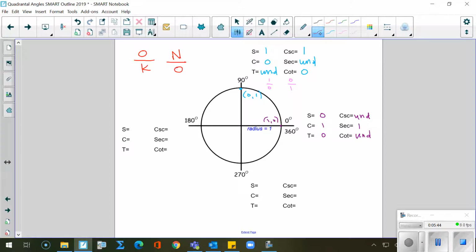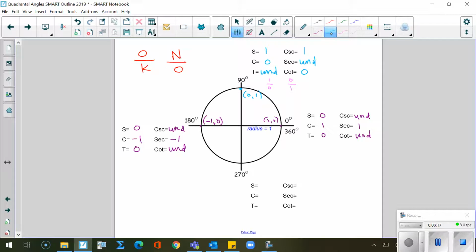Back to our unit circle. At 180 degrees, we've got the ordered pair -1, 0. Sine is the y coordinate. Cosine is the x coordinate. Tangent is sine over cosine. The reciprocal of 0 is undefined. The reciprocal of -1 is -1.